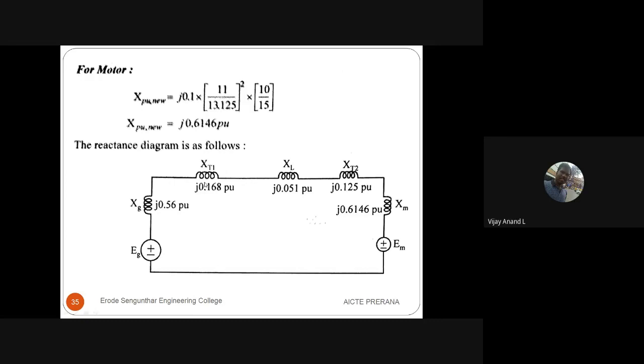The transformer consists of only the reactance, and the transmission line also consists of only a reactance. The second transformer consists of only one reactance, and on the motor side, it consists of one source and one reactance. So all the reactance values we have found here, totally five reactance values, should be represented in the reactance diagram. From this, we can conclude the reactance diagram.